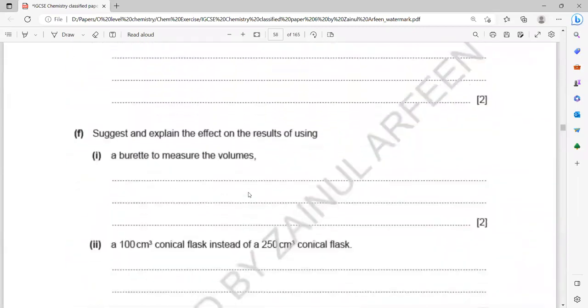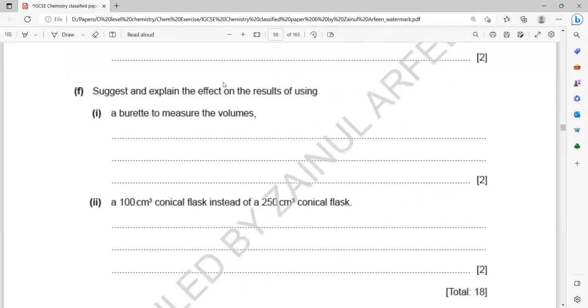So a burette is used to measure the volume more accurately. That is one thing, but the overall result won't be affected by the burette. The idea is that a burette is more accurate compared to a measuring cylinder, but overall there will be no effect on the result. The time taken by the text to disappear will be more or less the same.